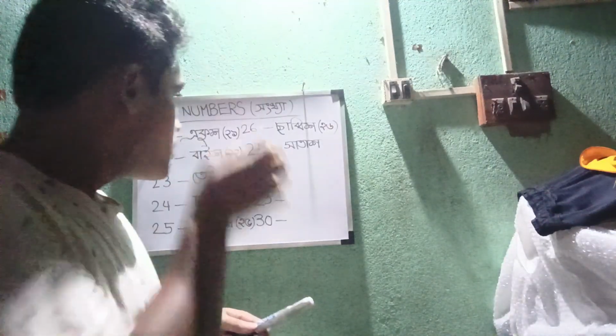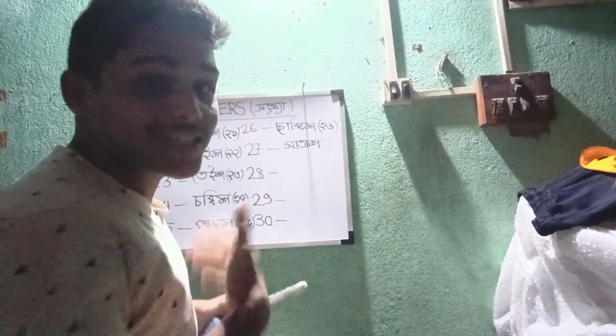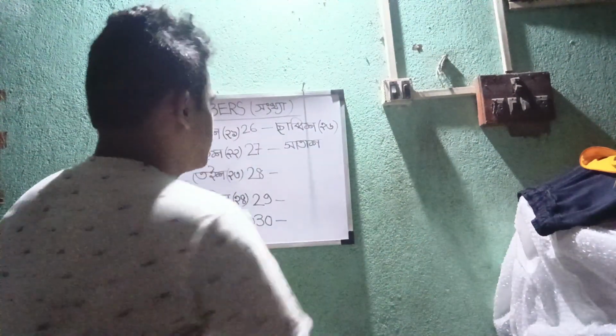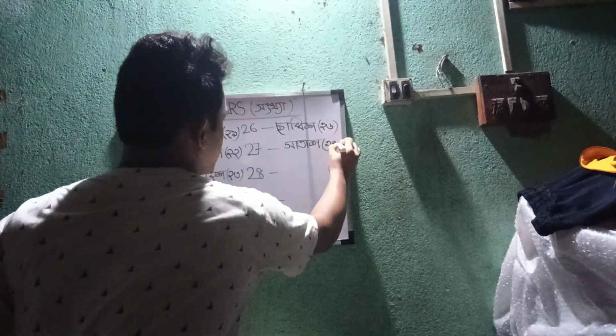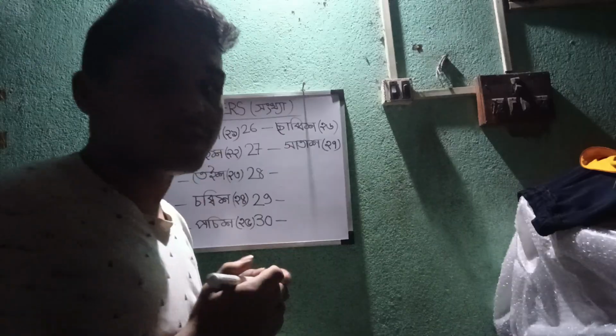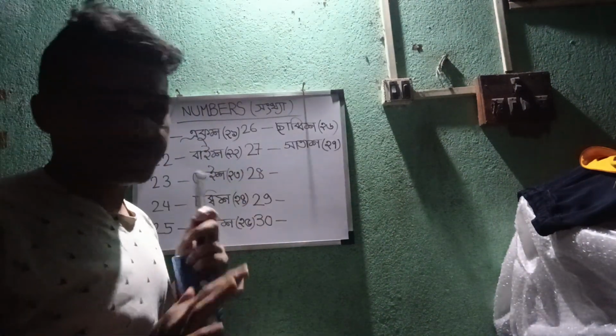Shatash. So how can we write shatash? First is 2 and then 7, which we have discussed in the previous video.